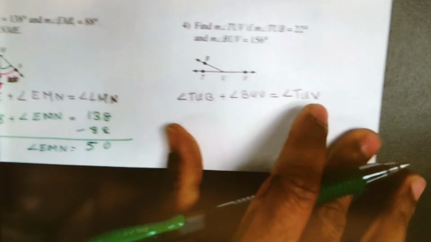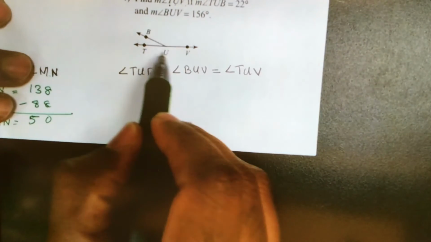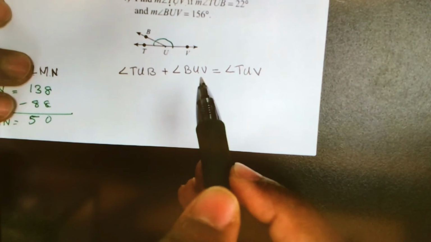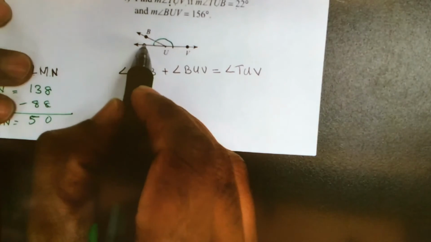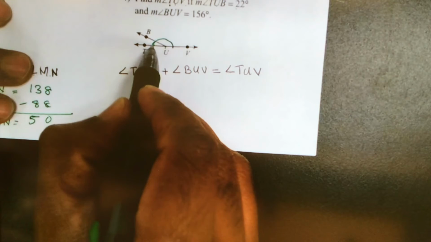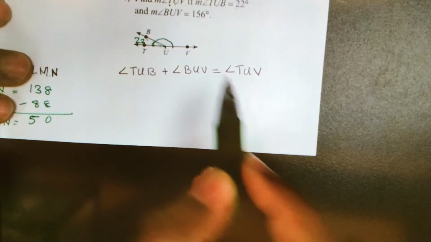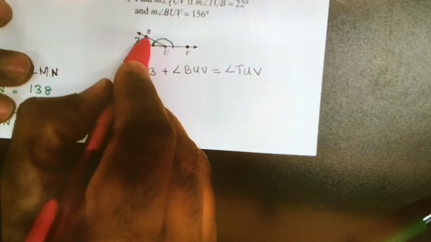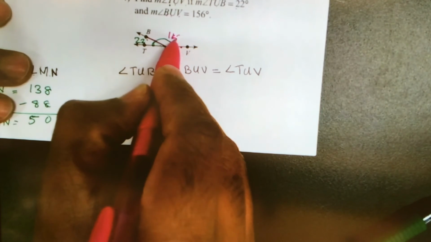Here is another question. I have 2 angles, so I need to figure out the measure of angle TUV, the whole angle. It looks kind of easy. Angle TUB, this small angle, is 22 degrees. Angle BUV, that angle is 156.